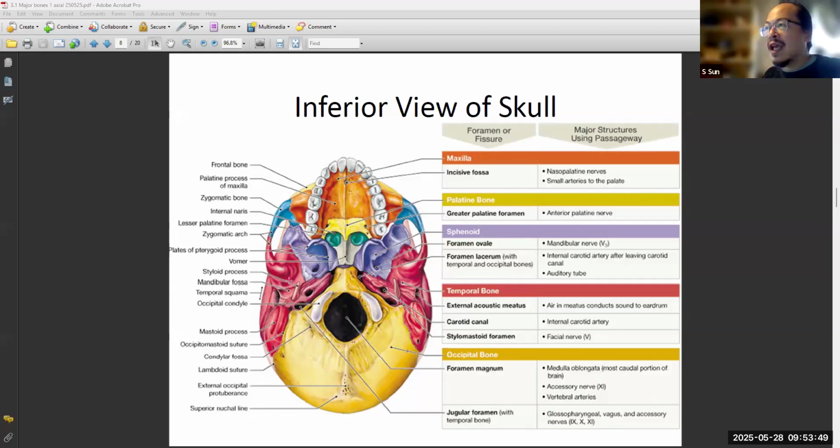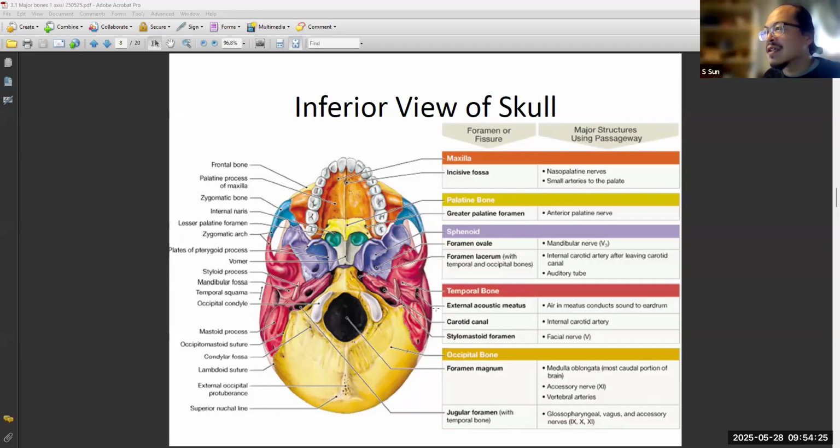And then in the temporal bone, we have two major holes here. These two major holes are the jugular foramen right here.